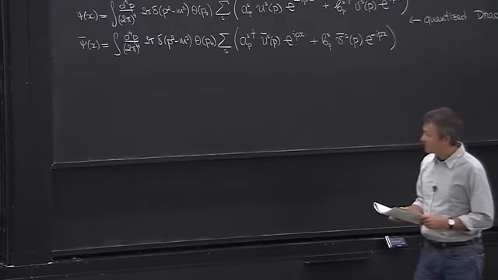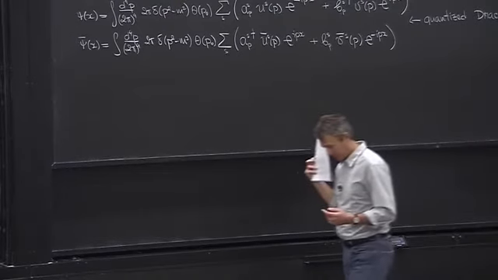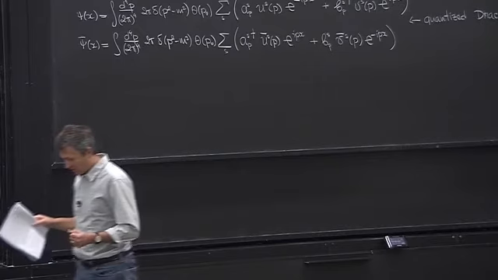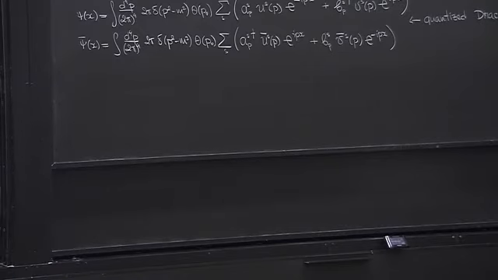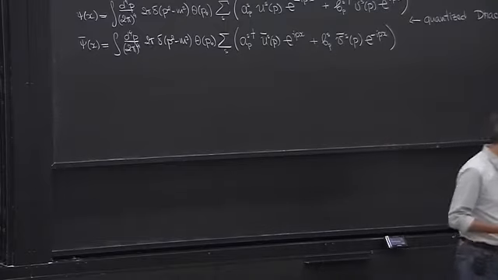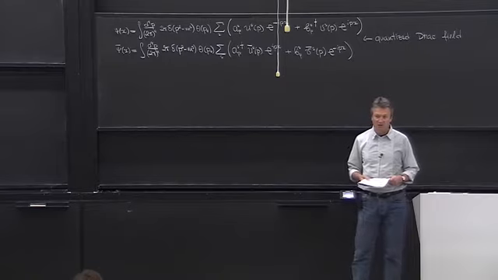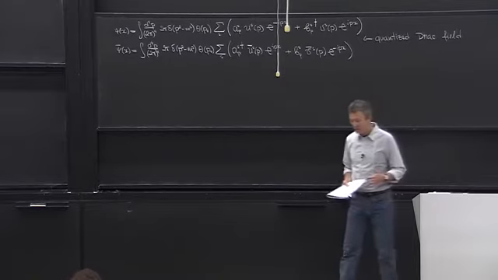So what kind of particles are these? The claim is that these particles should be fermions. In principle, no one told us what kind of relations we should impose, commutation relations or anti-commutation relations.